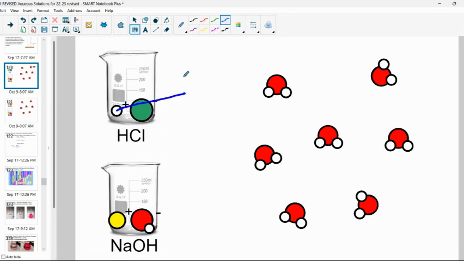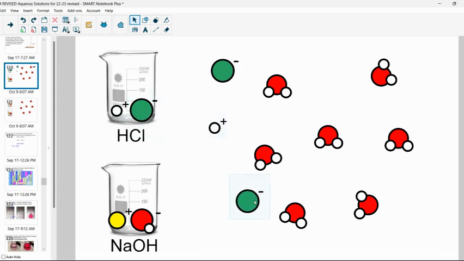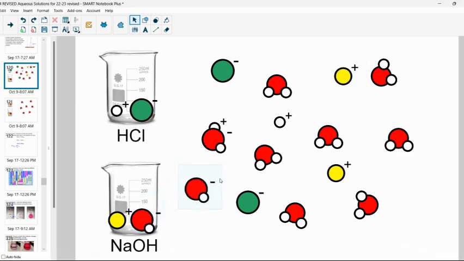If I dissolve two HCl's in my solution, I'm going to need two NaOHs to balance that off. That neutralizes. That's a one-to-one relationship, right?